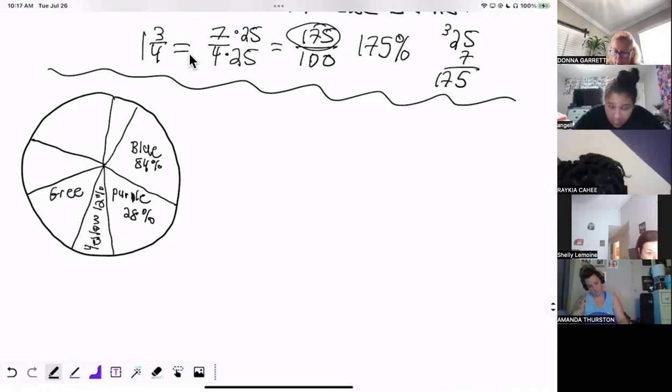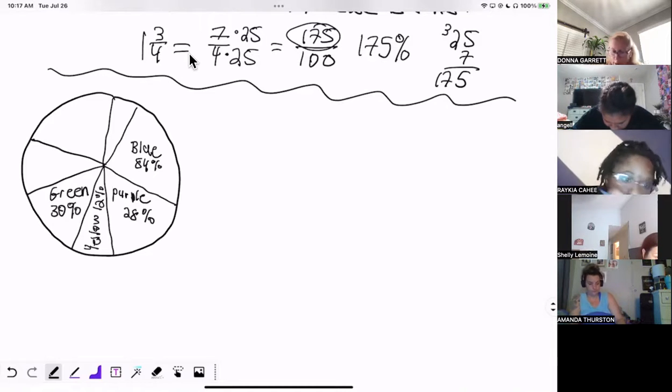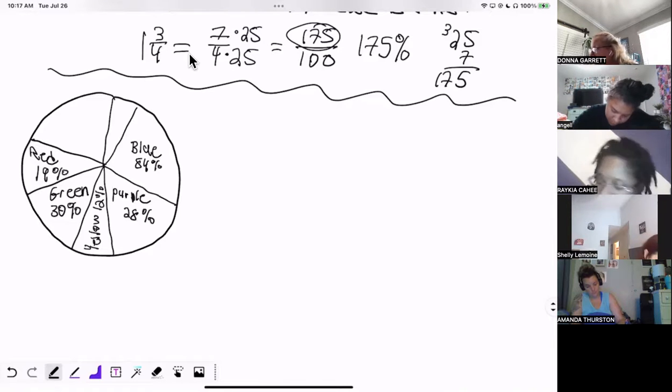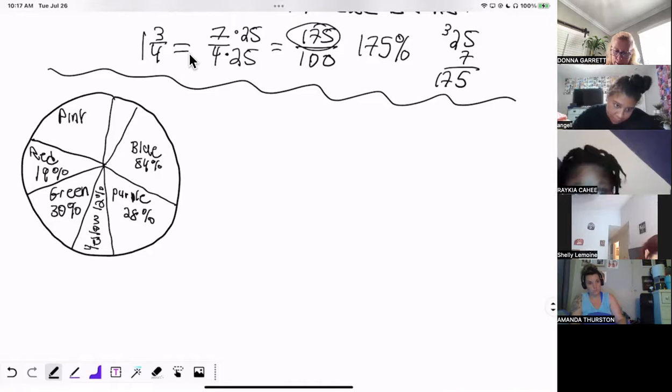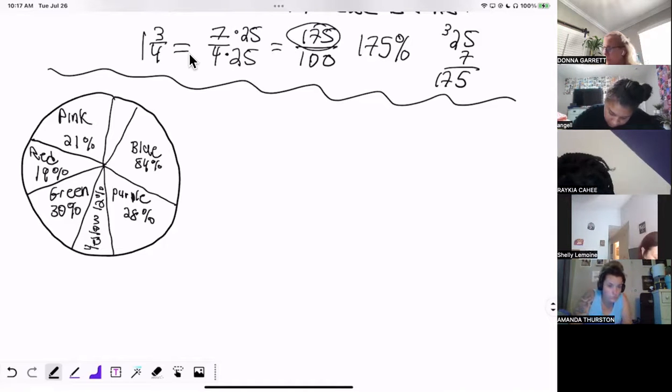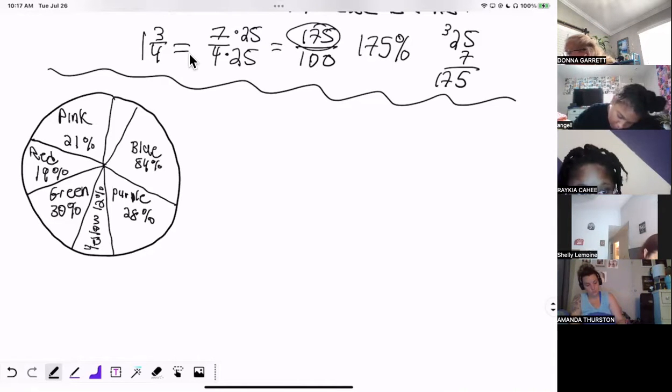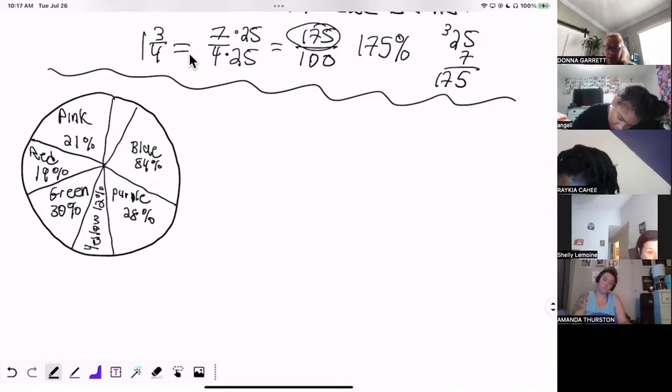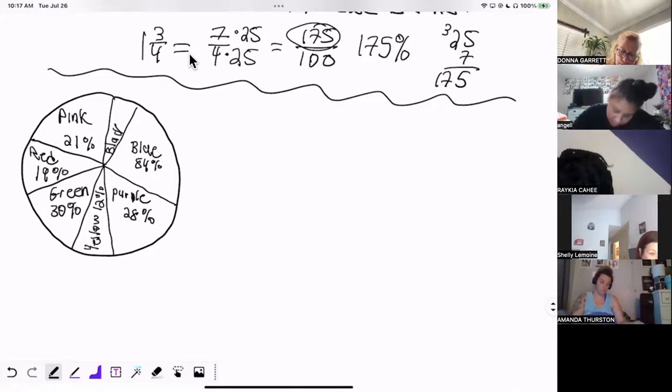Green, 30%. Red is 19%. Pink, 41%. Last one, I can read it. Oh, here it is, black. And that is 10%.